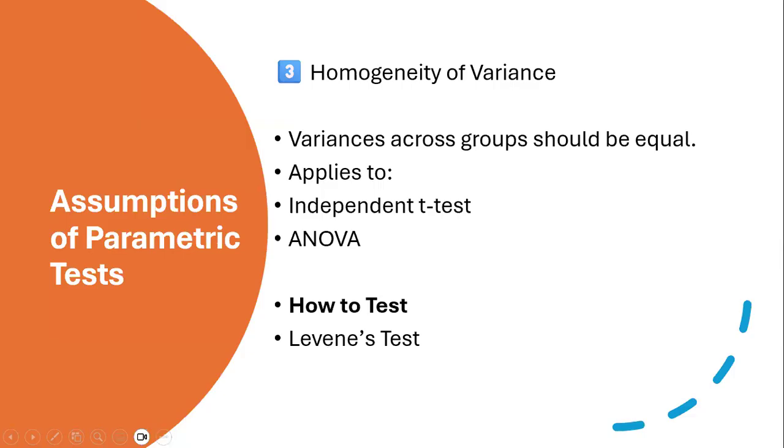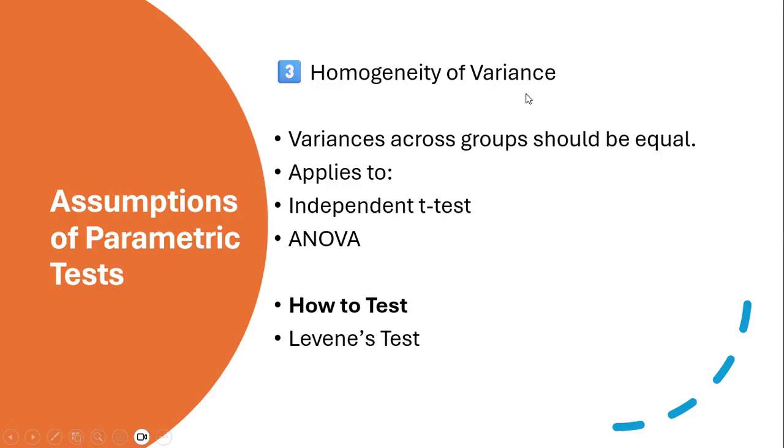Then homogeneity of variance. Homogeneity comes from the word homogeneous. Variances within the group or across the groups are expected to be equal.